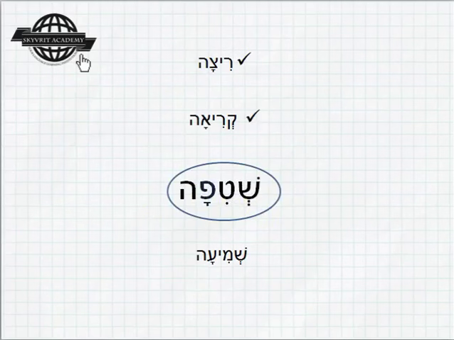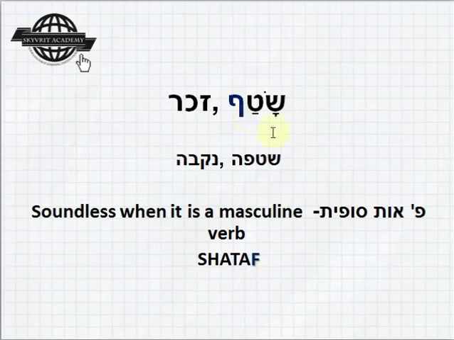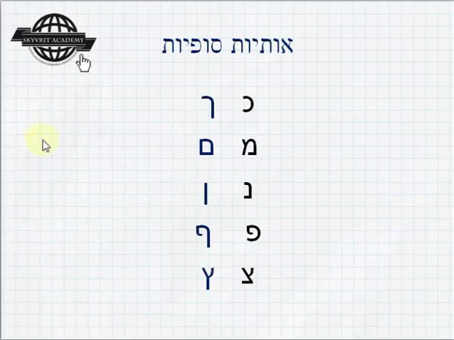What I mean by that is, you can see here that we have pay, but this is not a regular one. This is actually fei sofit. In Hebrew we have a couple of sofiot, for example chaf, mem, nun, pei, and tzadik.